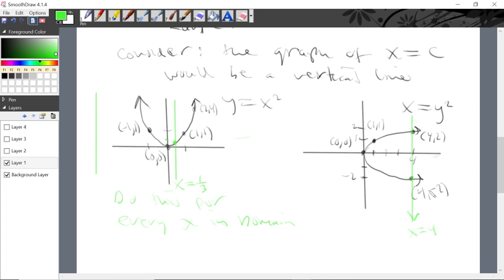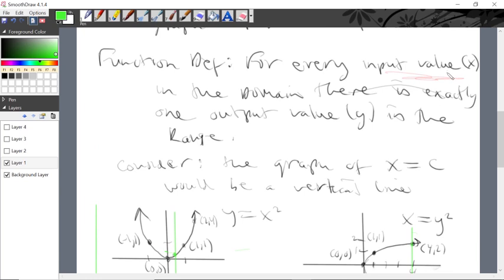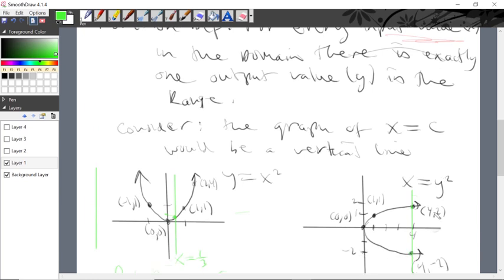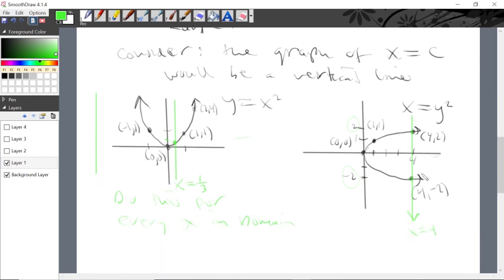In other words, we have chosen an x value, and it has corresponded to not one, but two y values. There are two potential outputs. So we would say that this is not a function of x. So x cannot be the input variable for this relation.